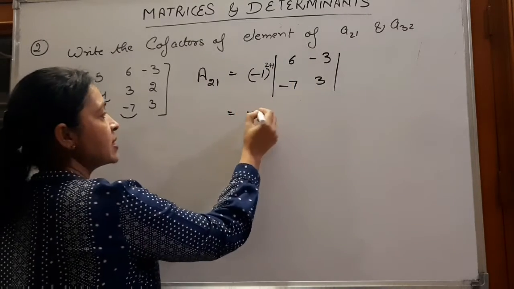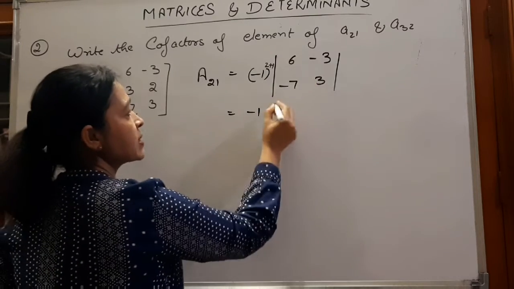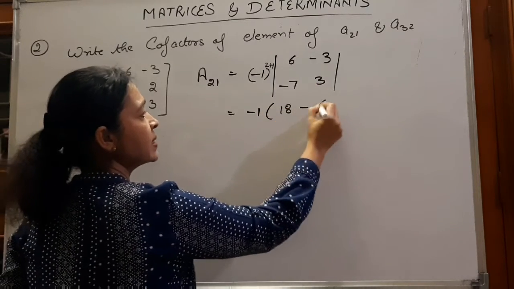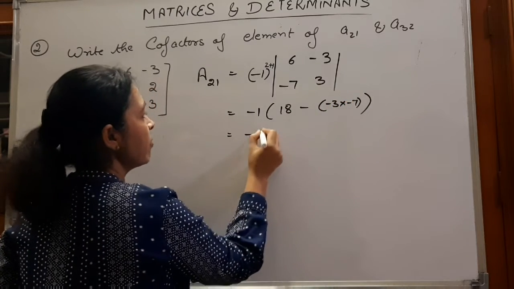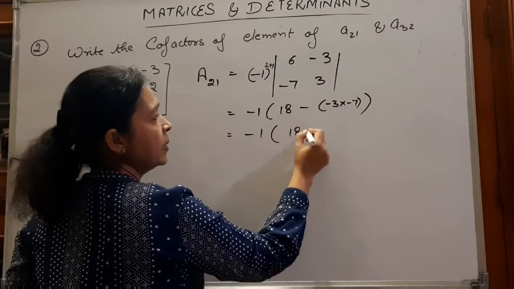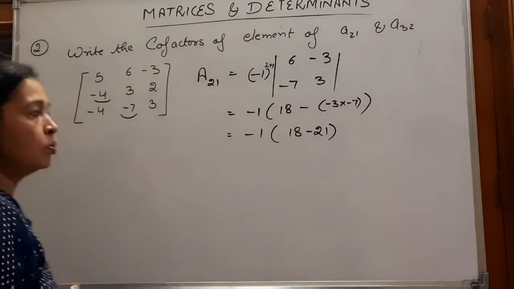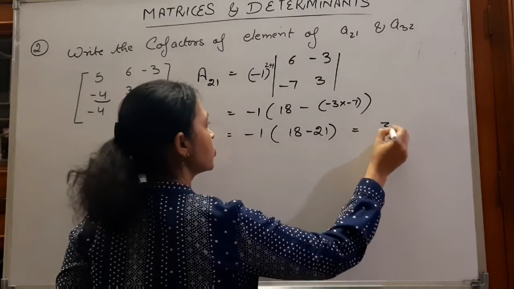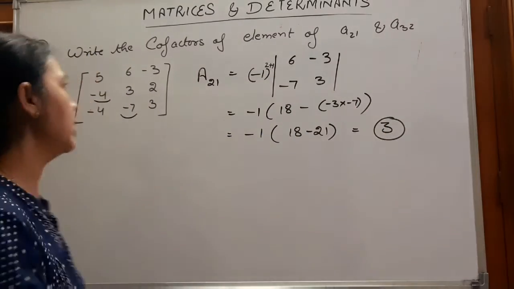Minus 1 to the power 3 is minus 1. Here in the determinant, 3 into 6, 18 minus 3 into minus 7. We have minus 1 times 18 minus 7 threes, which is 21. Minus 1 into minus 3, that is 3. The cofactor of element A21 is 3.